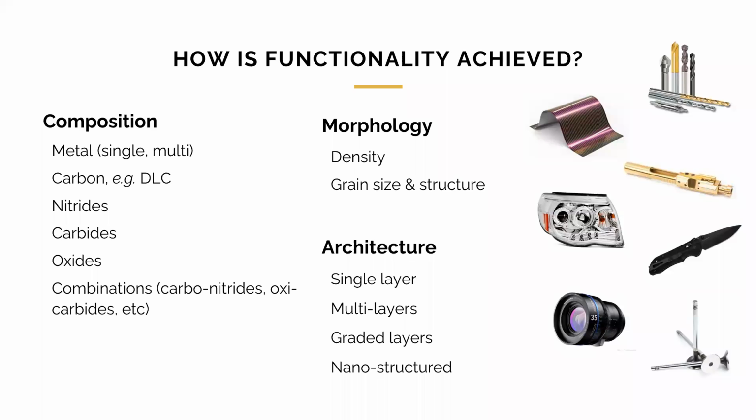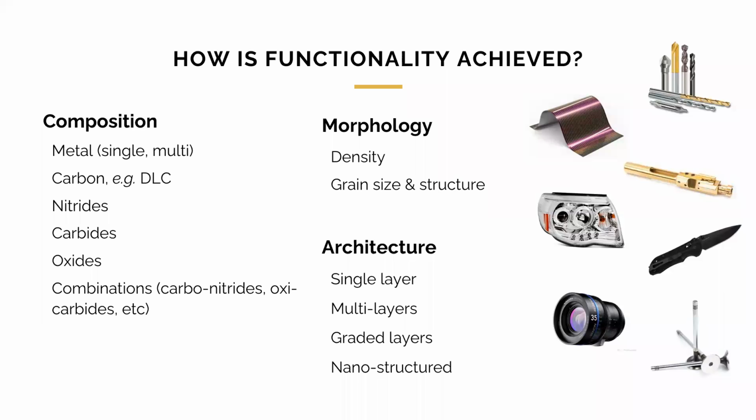You have nitrides, carbides, oxides. What those are is compounds that include those types of elements with a metal. So what I'm talking about is zirconium nitride, titanium nitride, titanium carbide, and so on and so forth. Those by themselves, just the composition itself, will bring some of the properties that we're talking about.